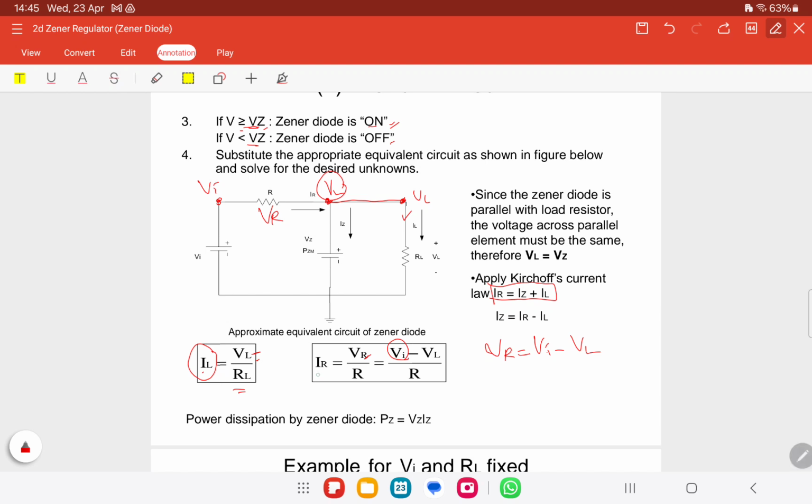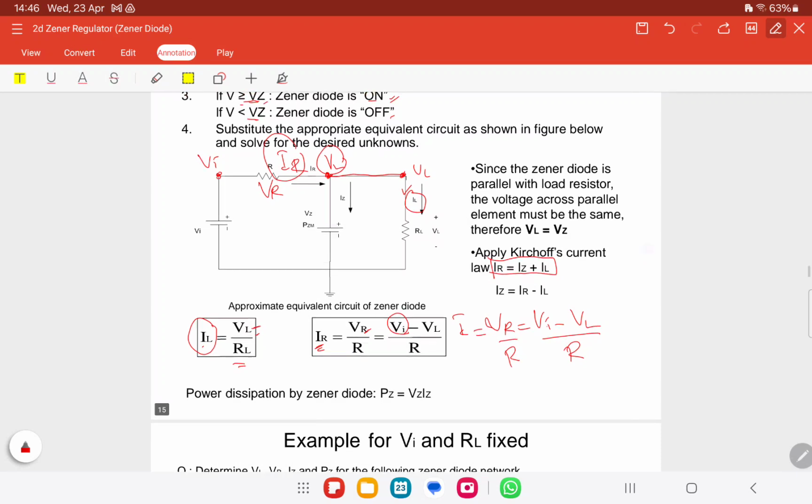Then to get the current, just bahagi V over the resistor R. So we get the value of IR. Just now we get the value of IL, now we get the value of IR.